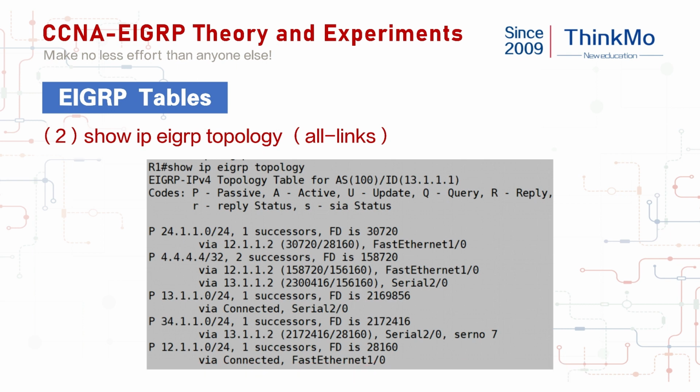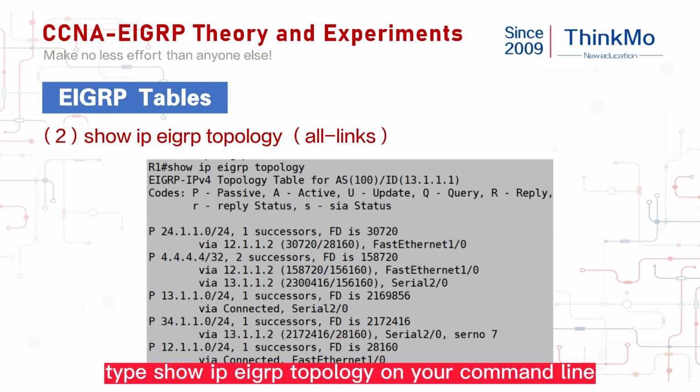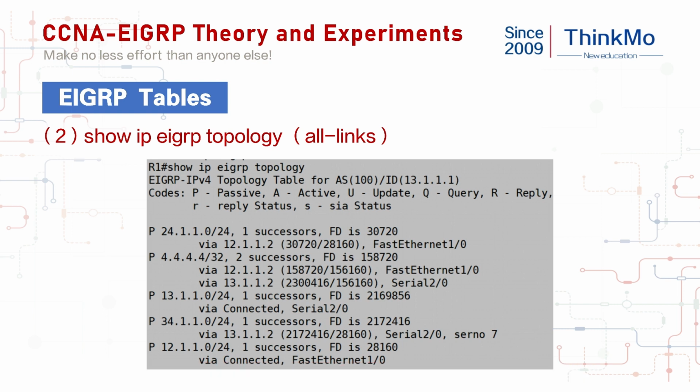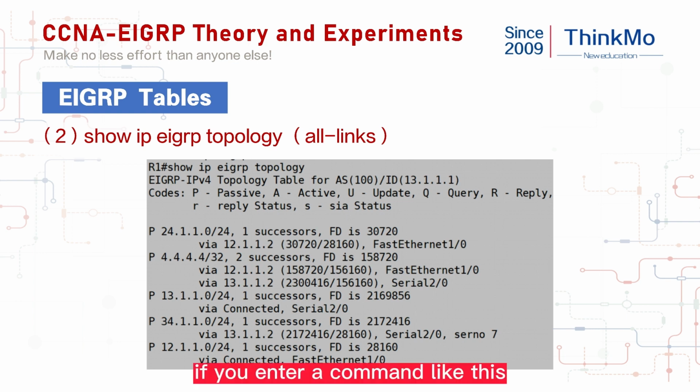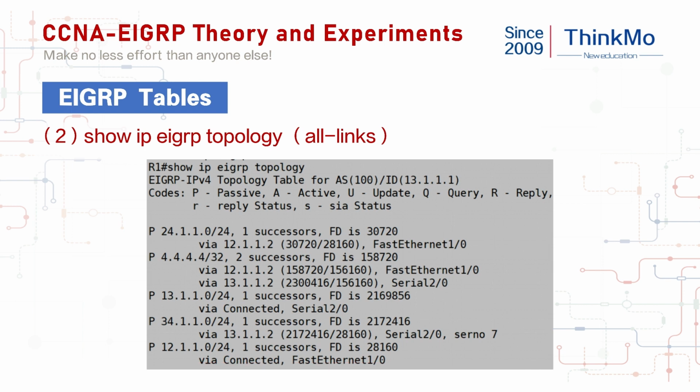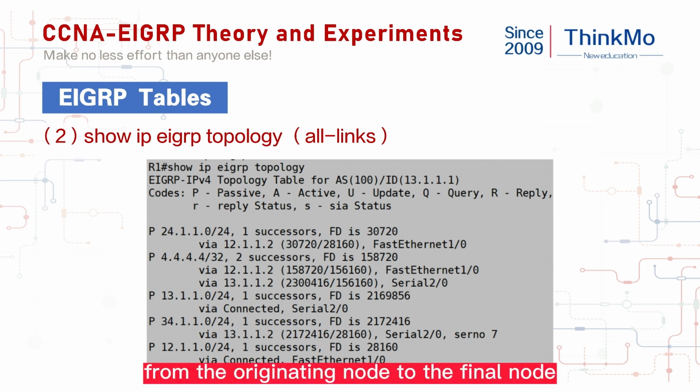First, type show ip eigrp topology on your command line, called all-links. If you add all-links to the command, then as long as there is a line from the originating node to the final node, as long as there is a physical connection, it will appear in that table.